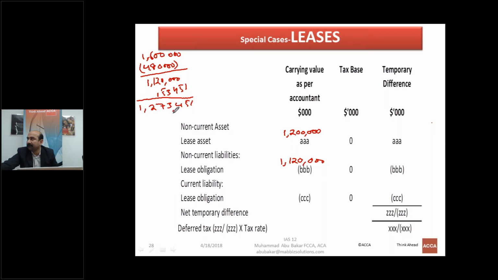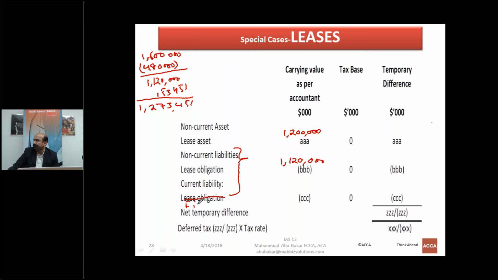Okay, let me check this as well. Plus 1,273,451. Okay, fine. So here we have written it separately. This is the lease obligation, including both current and long term, and then the finance charge. I can use this line for the finance charge.